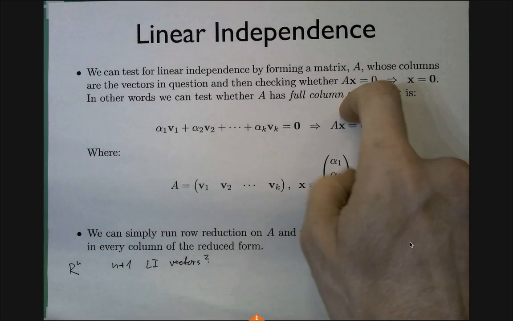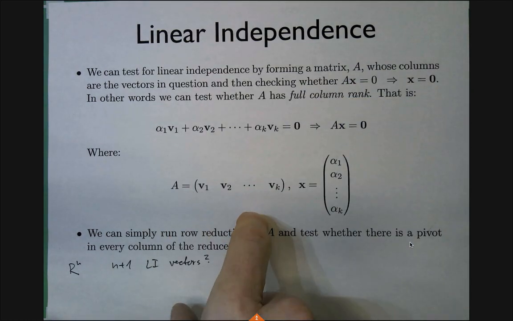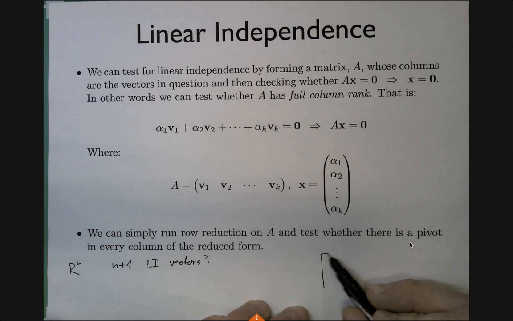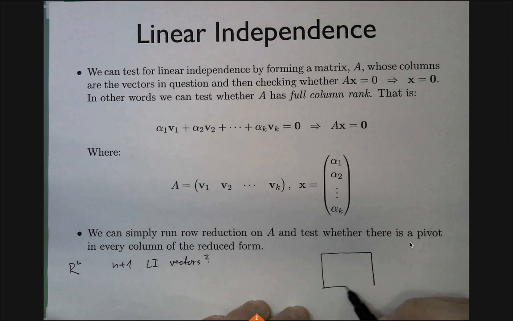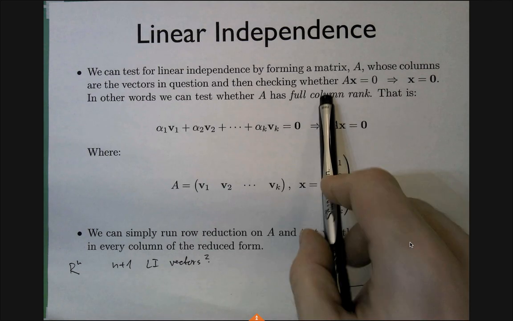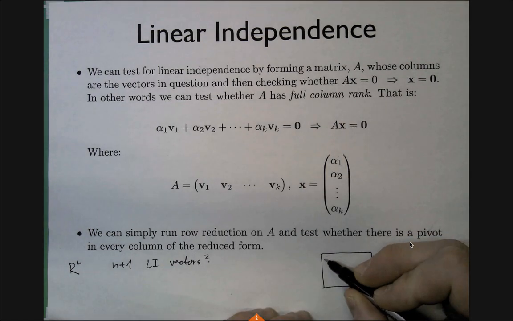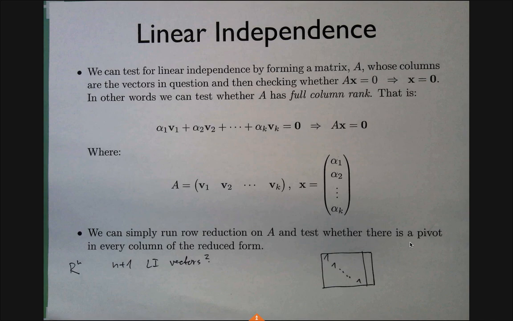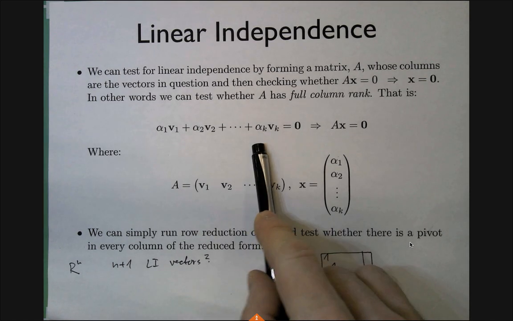Well, if you just apply this construction, and we have n plus 1 vectors in n-dimensional space, what type of matrix do we get? We get this short fat type of matrix. It will have one more column than rows, and there is no way this matrix could be full column rank. The best case that can happen is that there will be all ones, but for the last column, there's no way I could squeeze in one, because I just run out of rows. So there will be at least one free variable, which means a non-trivial solution will always exist.